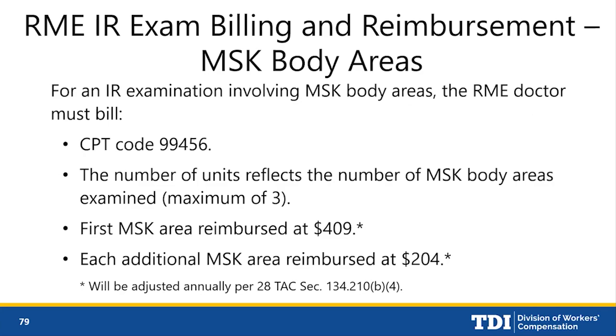So now MSK body areas, again, we see CPT code 99456. The units is going to reflect the number of MSK body areas up to 3. And again, reimbursement at $409. And then each additional area would be reimbursed at $204 a piece. So MSK body areas, regardless of which method they use to calculate the permanent impairment, range of motion or diagnosis related estimate, doesn't matter.